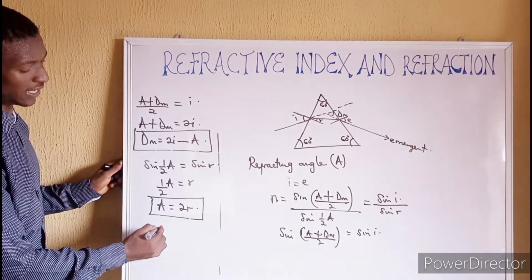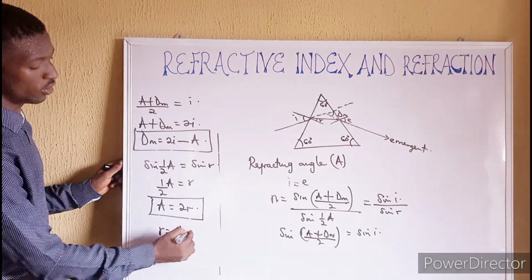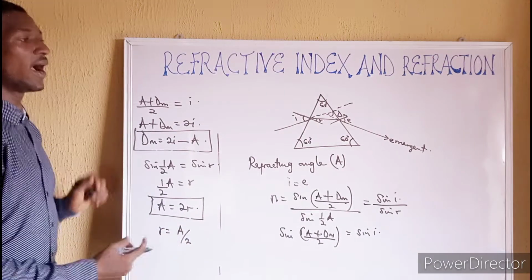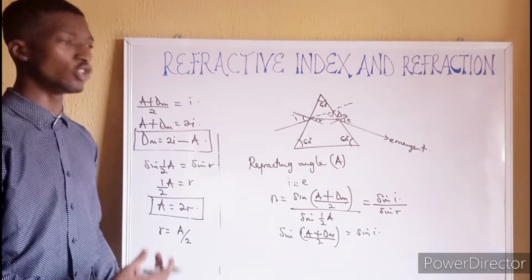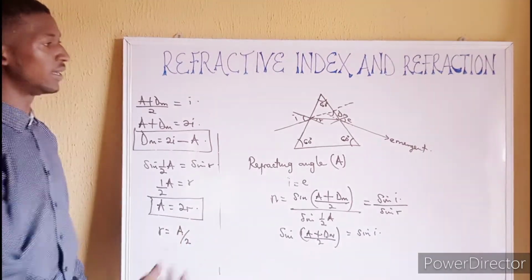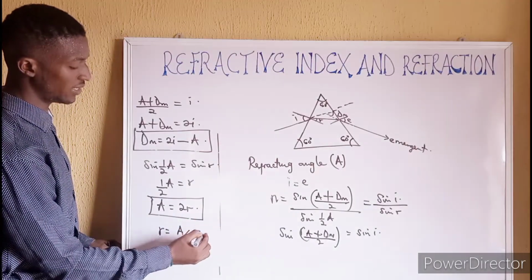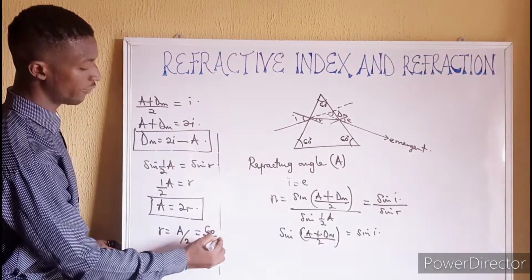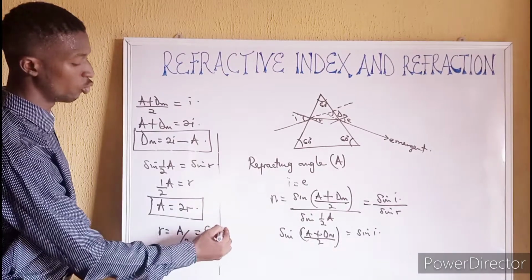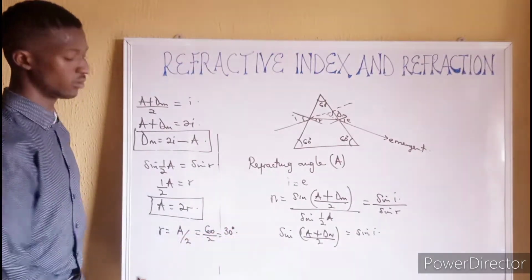As well, you can say that your angle of refraction is equal to your refracting angle over 2. And in most cases, since the type of triangular prism we use is always an equiangular triangular prism, if it is 60, your angle of refraction will be 30 degrees.